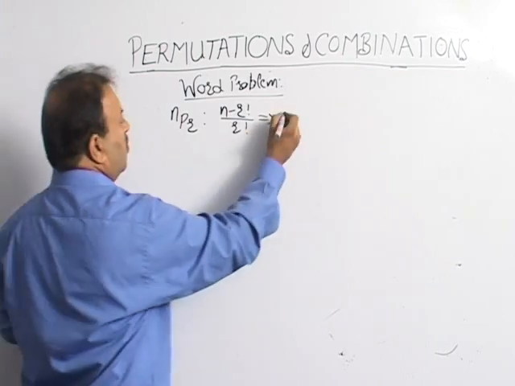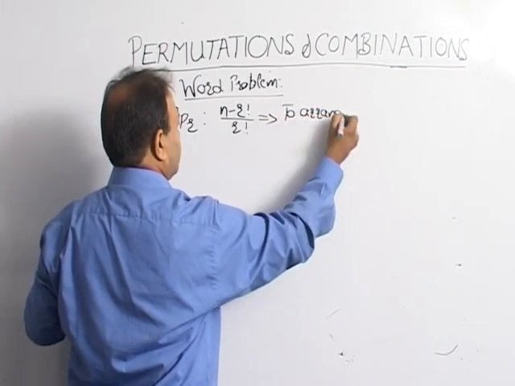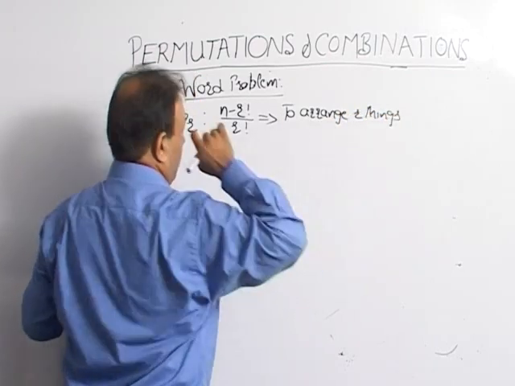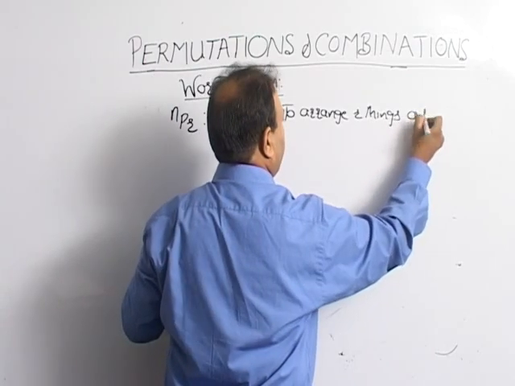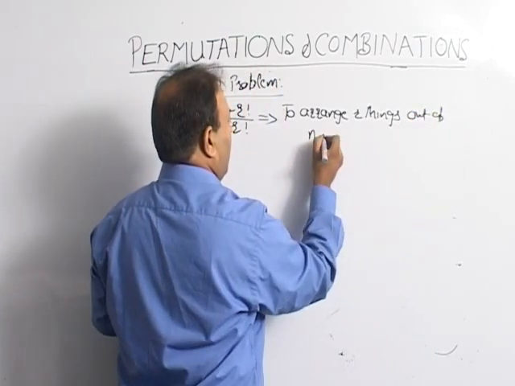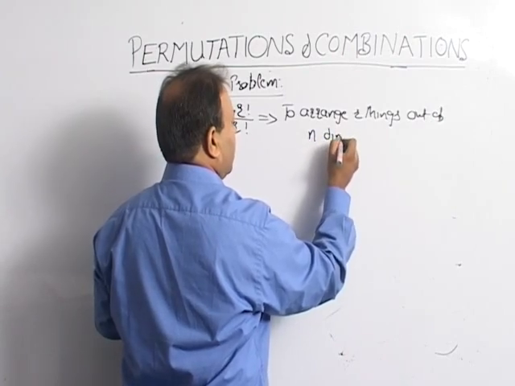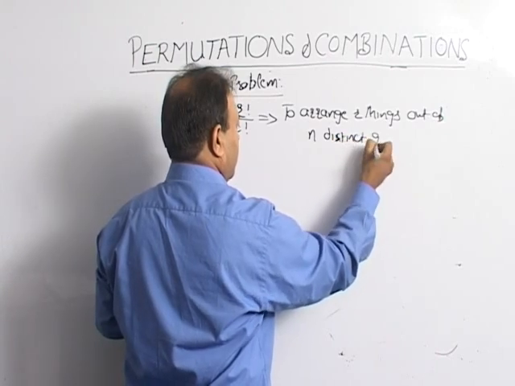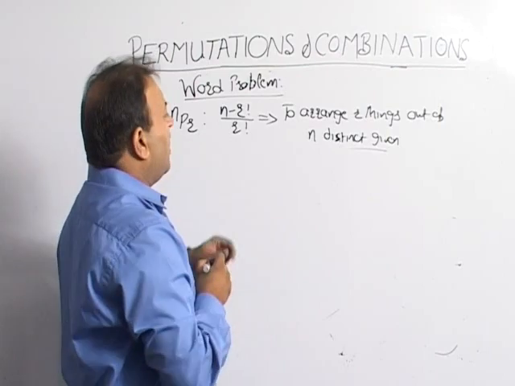इसको हम लिखते हैं to arrange r things out of n distinct given. अरेंजमेंट, NPR का क्या मतलब है?